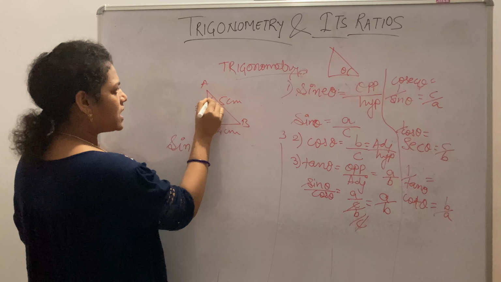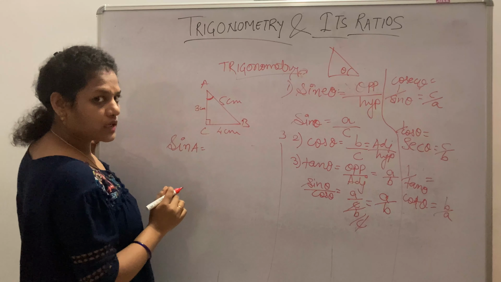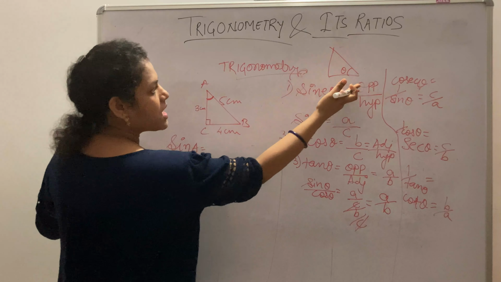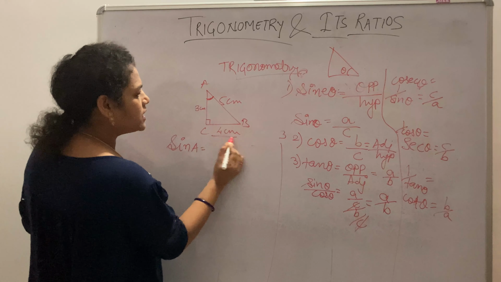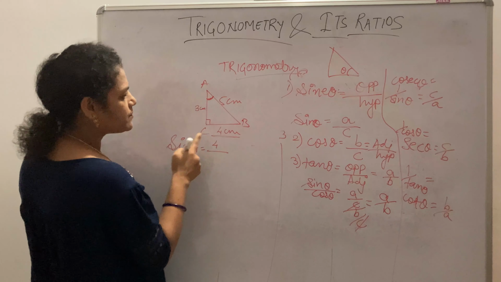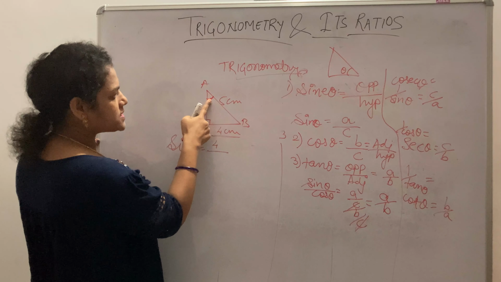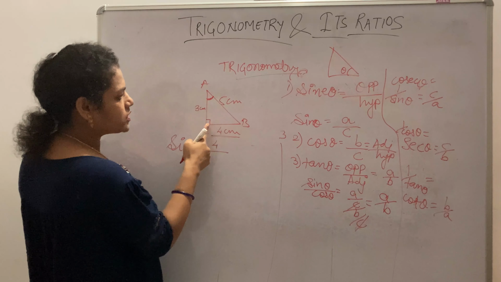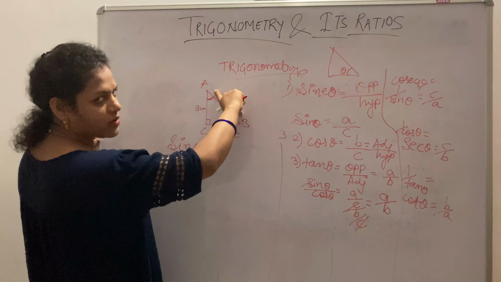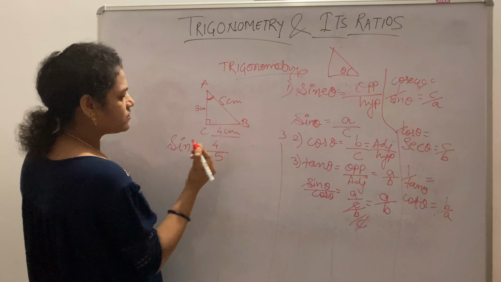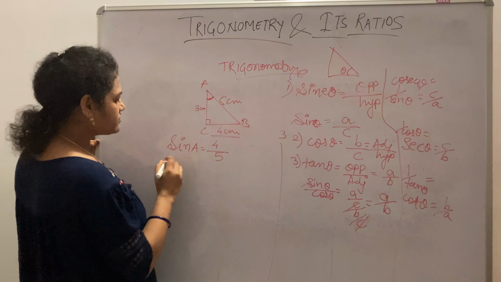But this time I want to know sine A. Sine A again means opposite upon hypotenuse. Opposite to A, what are you finding? 4 centimeter. And what is your hypotenuse? That is always the biggest side, that is 5, right?